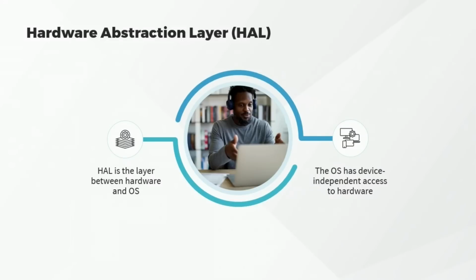This approach primarily allows for manufacturers to create devices that don't need to be constructed differently for different operating systems. Or more to the point, the same device can be used in different operating systems by simply creating drivers, or sets of software instructions, that are appropriate to the operating system into which that device is being installed.